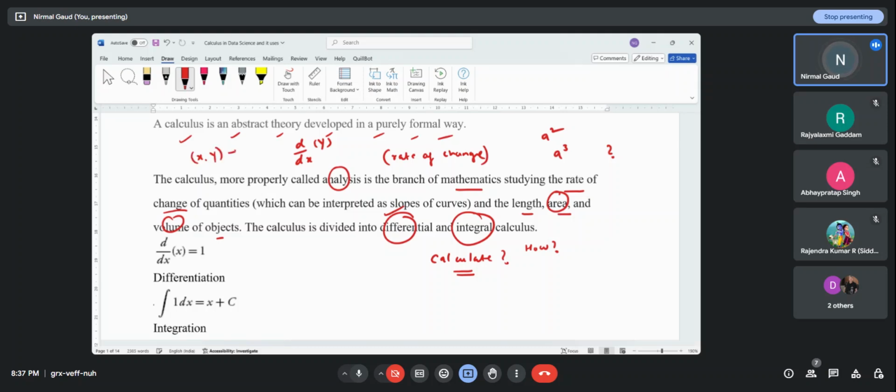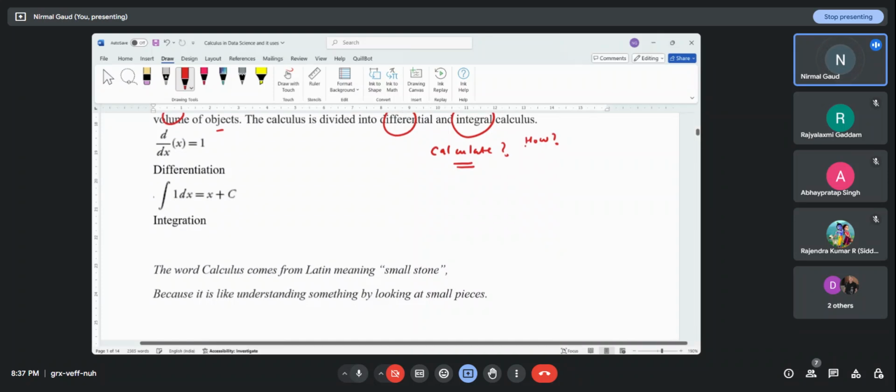What is the behavior of them? In order to study the behavior, we apply rate of change. Okay, and in physics also, in maths also, we have rate of change concepts.